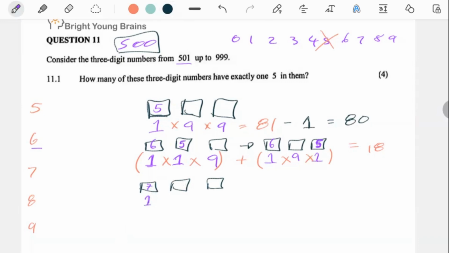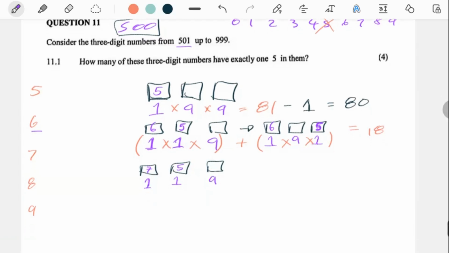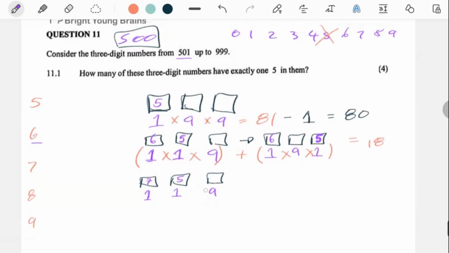And then if the 5 is over here, it means there's only one option there, obviously. And then what we know is that in this last option here, we have 9 possible numbers that we can put there.